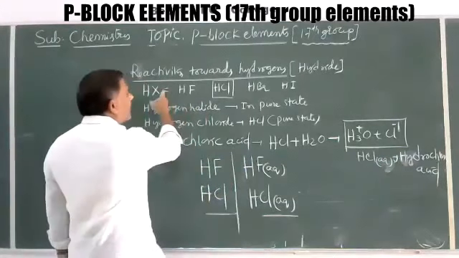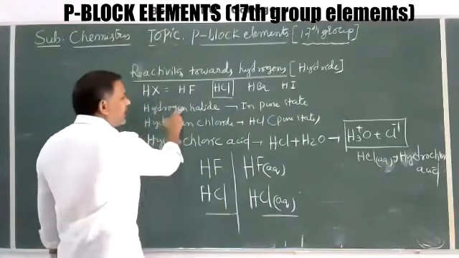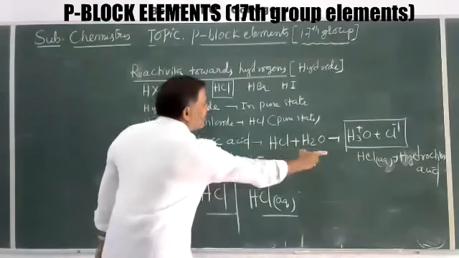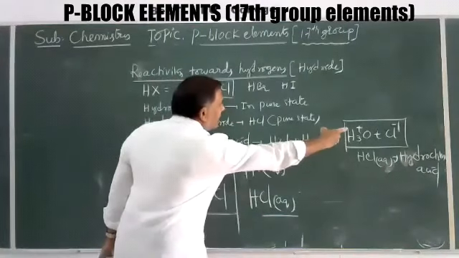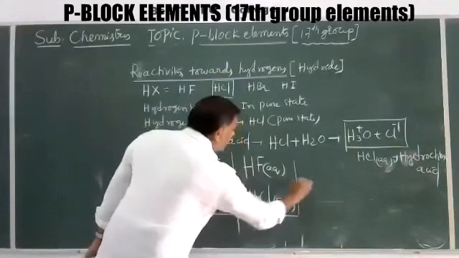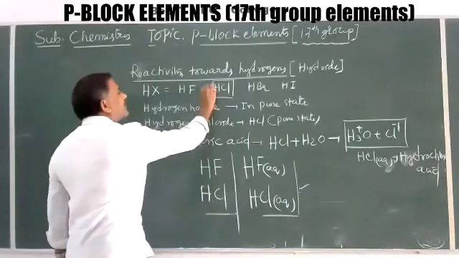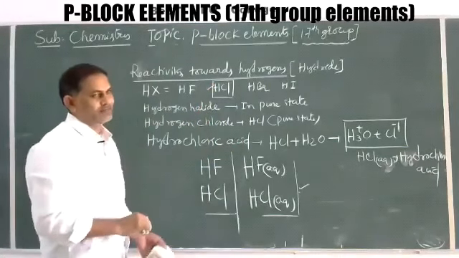So such hydrogen halides, when dissolved in water, give the corresponding hydrated halide ions. They are called halogen acids. Among these, in our syllabus, hydrogen chloride is there.